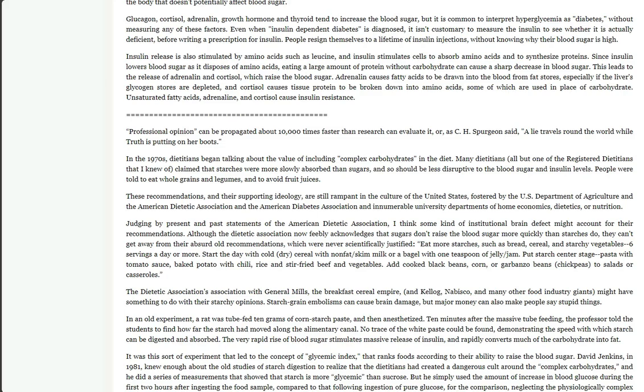Adrenaline causes fatty acids to be drawn into the blood from fat stores, especially if the liver's glycogen stores are depleted. And cortisol causes tissue protein to be broken down into amino acids, some of which are used in place of carbohydrate. Unsaturated fatty acids, adrenaline, and cortisol cause insulin resistance.